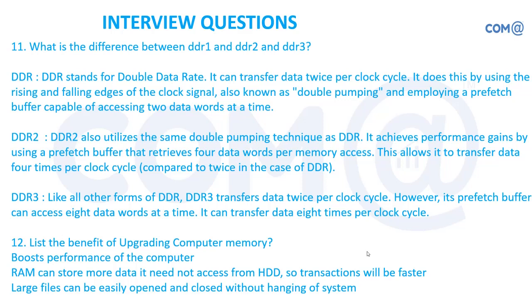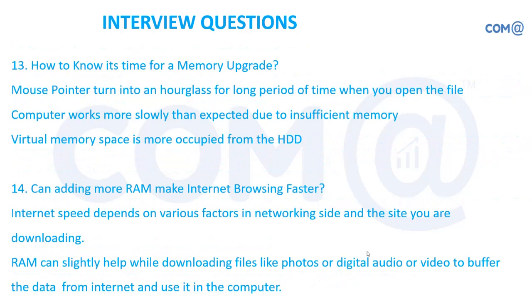Benefits of upgrading computer memory: it boosts the performance of the computer. Read and write is faster with the memory, applications load quickly, and processing is also done faster. Overall system performance improves. How do you know it's time for a memory upgrade?